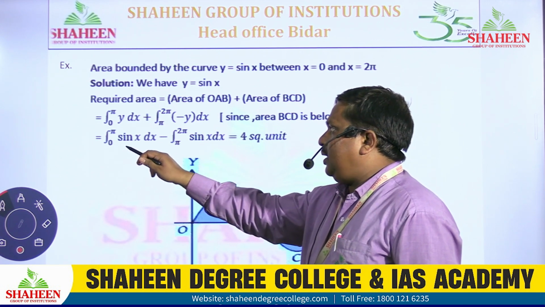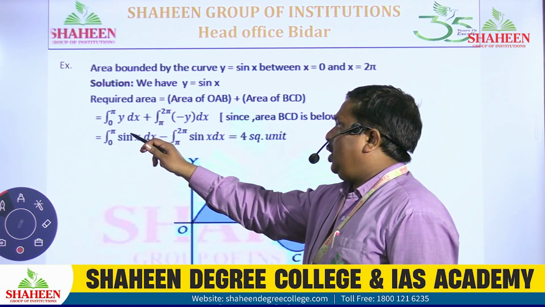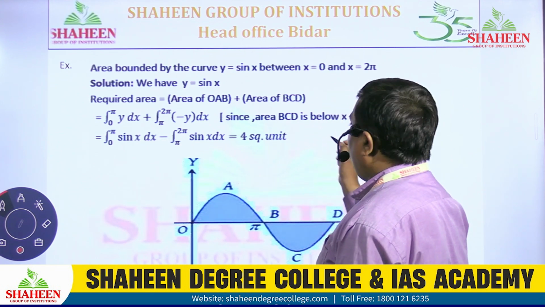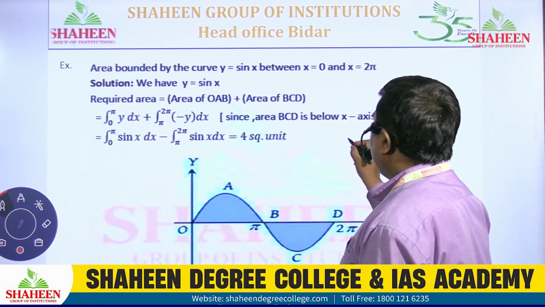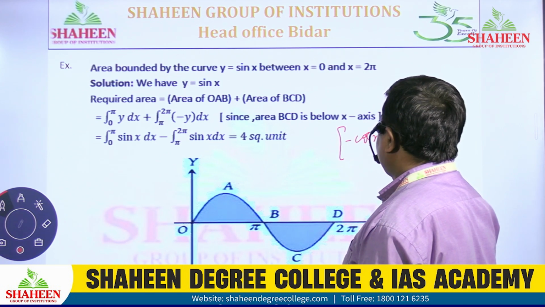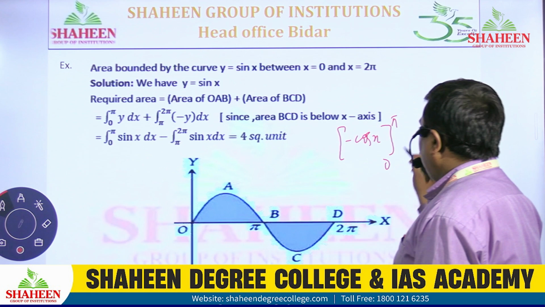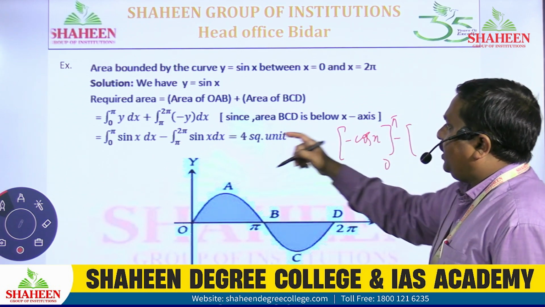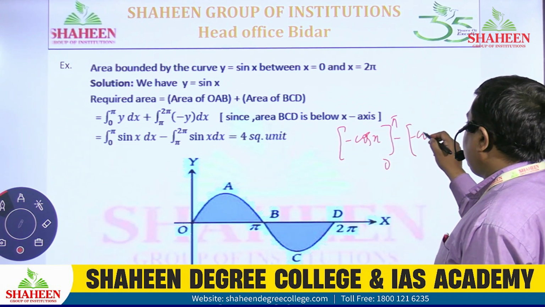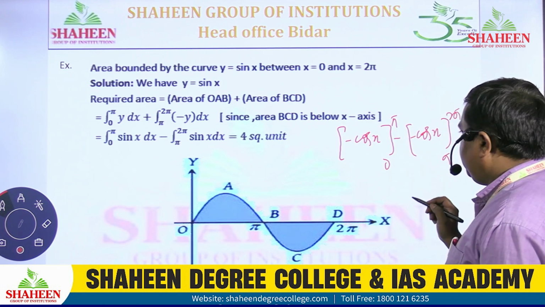This is sin x and this is minus sin x. What is the integration of sin x? That is minus cos x, integrated from 0 to pi, and minus the integration of sin x, which is minus cos x, from pi to 2 pi.